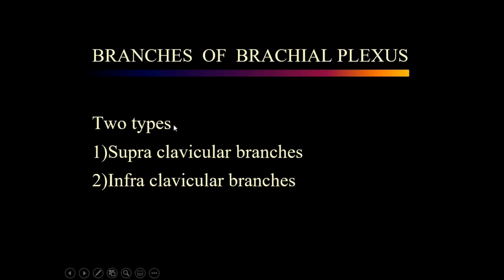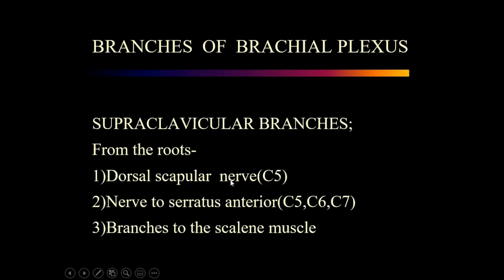We can divide the branches under two types, supraclavicular and infraclavicular. What are the supraclavicular parts of the brachial plexus? Root and trunk stage. So the branches from root and trunk stage will be called supraclavicular. Infraclavicular will be the branches from the cords. Supraclavicular branches from the roots, a few branches are given.